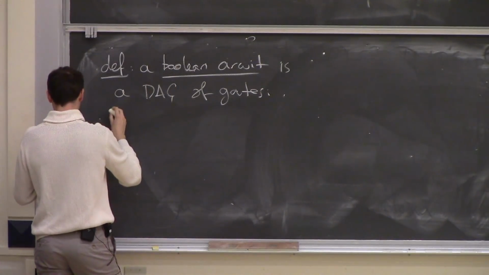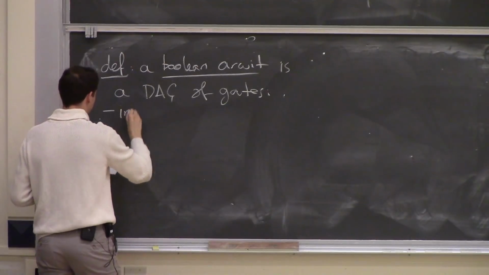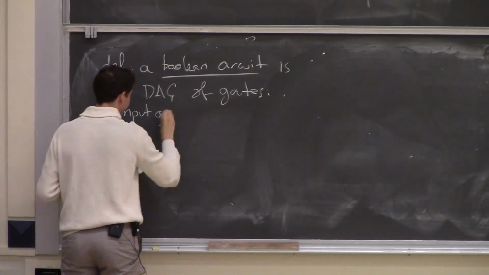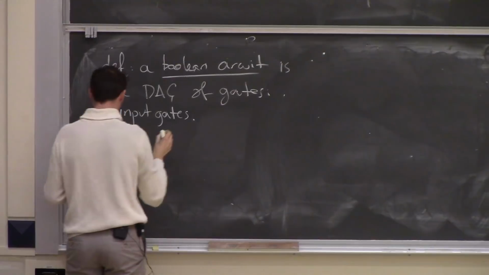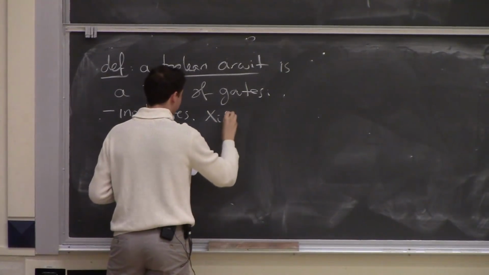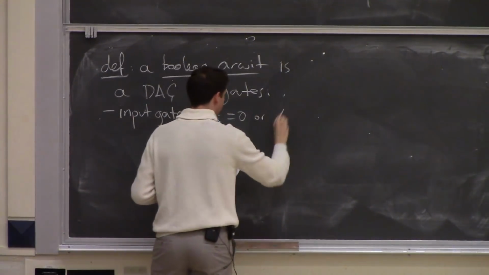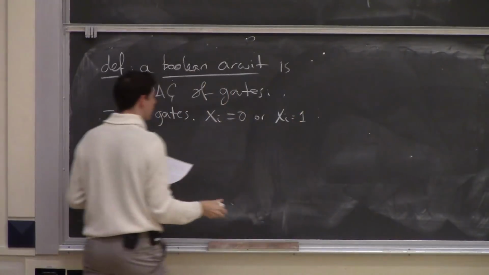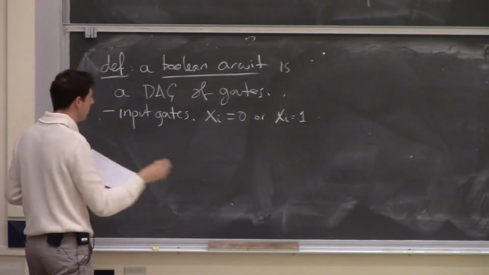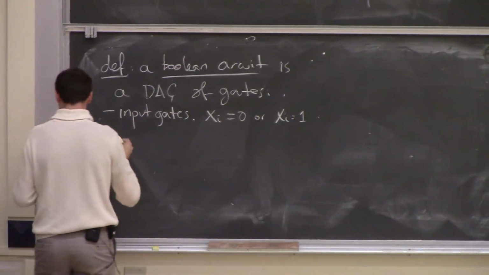Okay, and they have several types. There's going to be input gates. And the input gates say that you have either x_i equals 0 or x_i equals 1. That says the input at this location is either 0 or 1, okay?